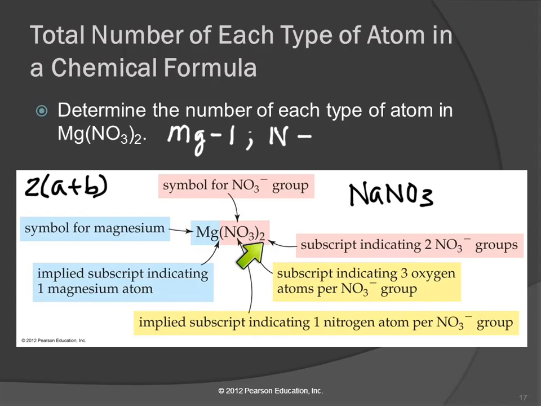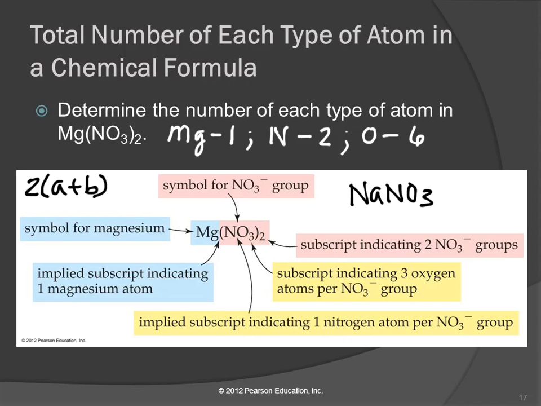Because this 2 means there are 2 of these package deals. Each package has 1 nitrogen. We've got 2 packages. So we have 2 nitrogen atoms. And then the other element present is oxygen. And how many oxygens? 6. Because each package has 3 oxygens, 2 packages means we have 6 oxygens.